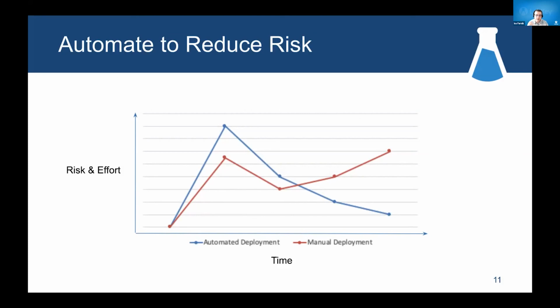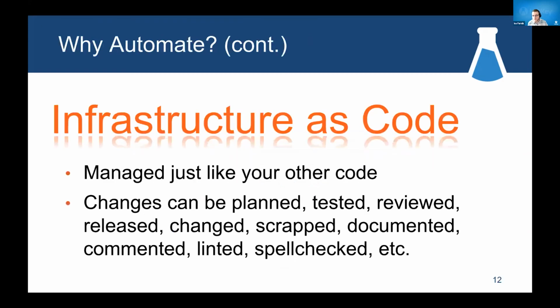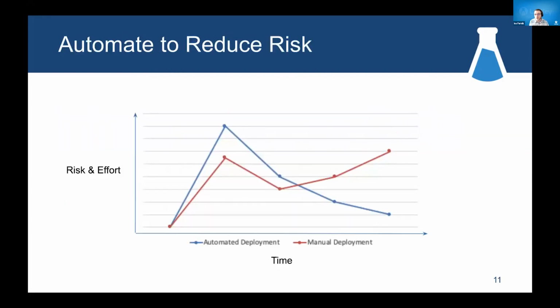A manual deployment has a lower initial cost of effort, but the maintenance of the environment increases over time. You can categorize the maintenance of a manually deployed environment as higher risk of configuration drift, and also higher security risks as you have to manually apply security updates. We can do the next slide.